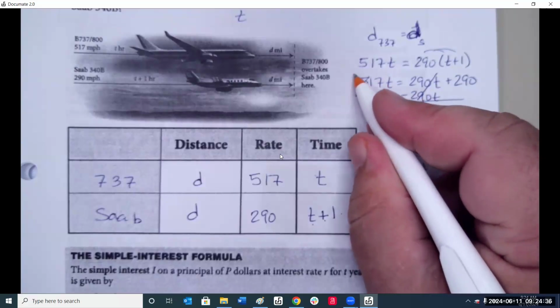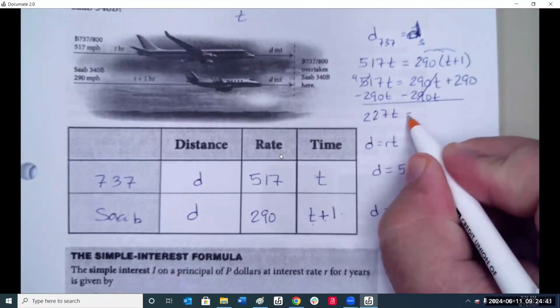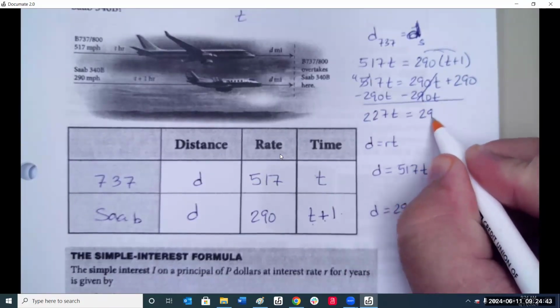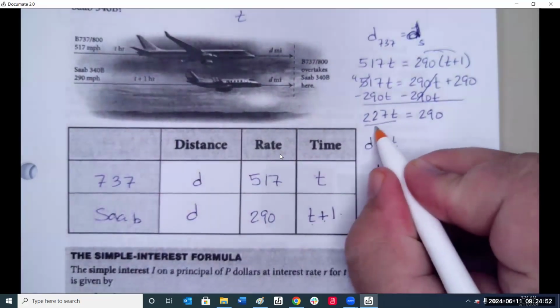So 227T equals 290. Divide both sides by 227.